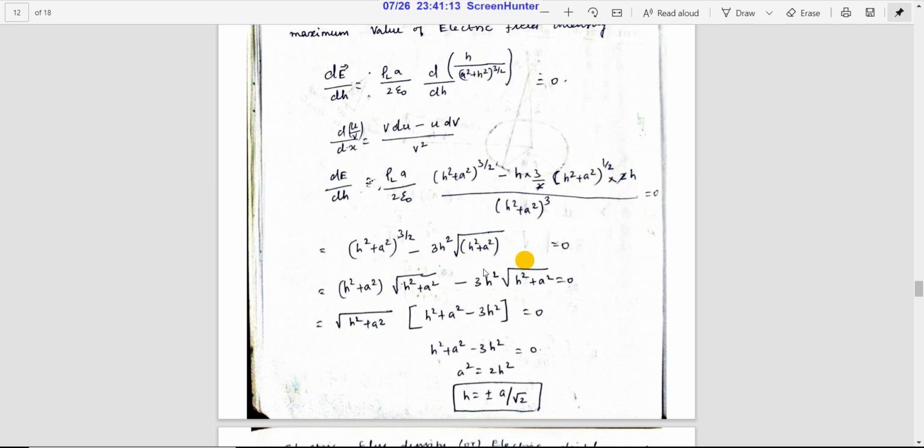If you rearrange and find the value of H, H should be equal to plus or minus A divided by root 2. So if H is 1 by root 2 times the radius of the circular ring, we will be having the maximum value of electric field intensity.